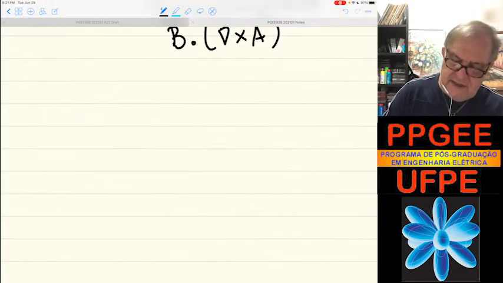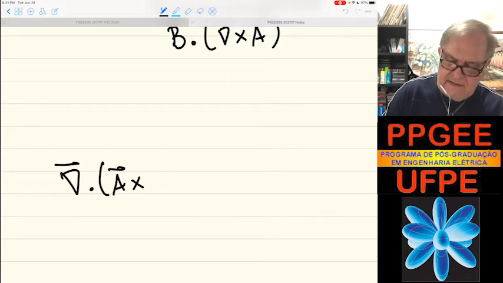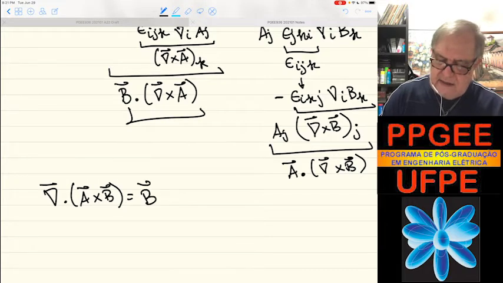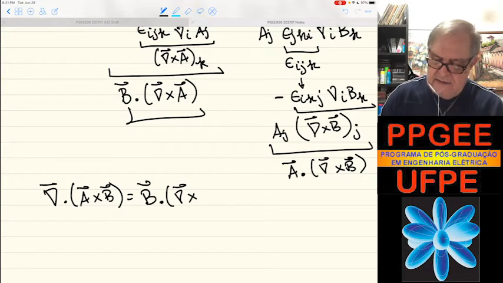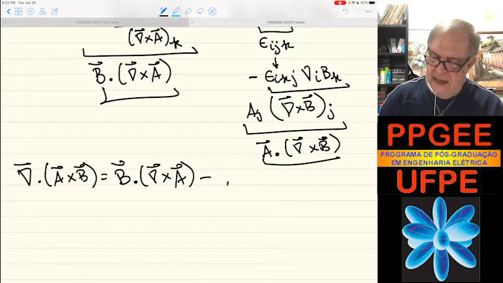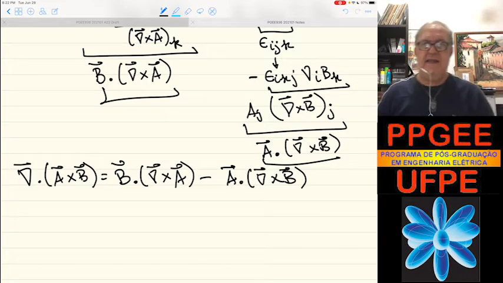The divergence of a cross b equals b dot curl of a minus a dot curl of b. You see, that's how it is.